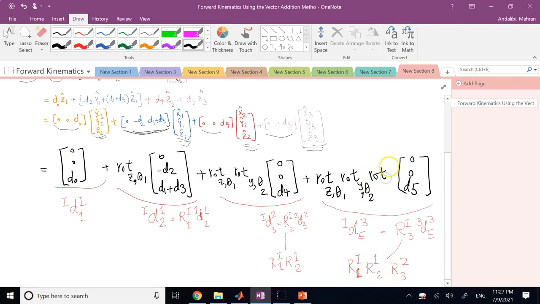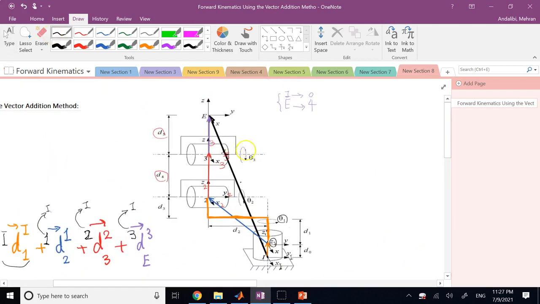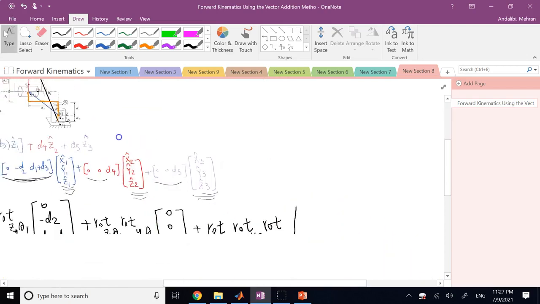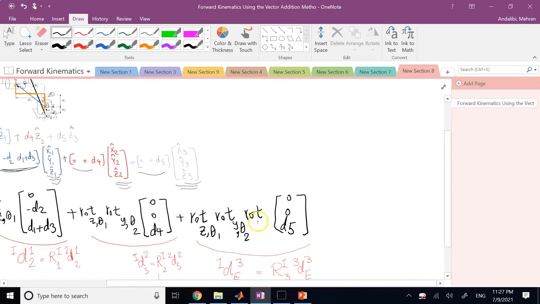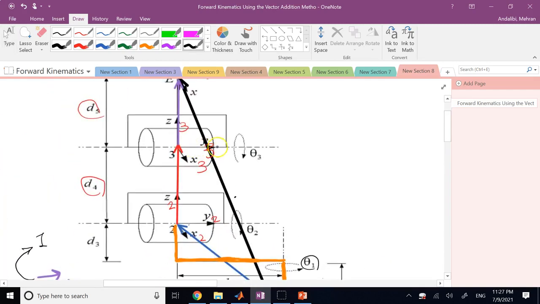If you look here, 3 is rotating with angle theta 3 with respect to 2. So that is going to be the rotation matrix of y with angle theta 3. And you see the rotation is about the y-axis again here, y3.